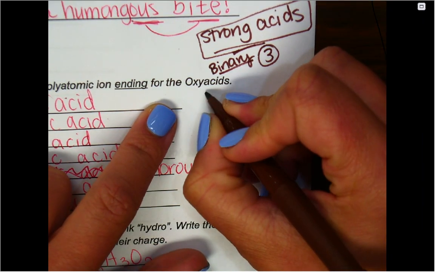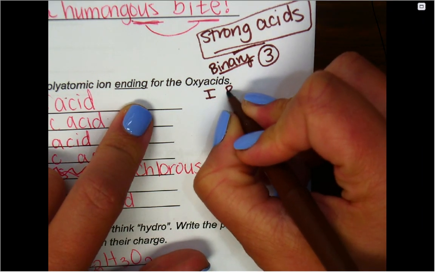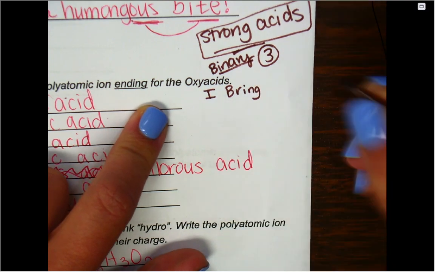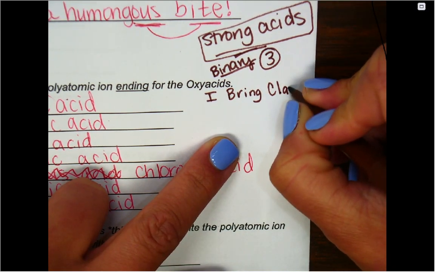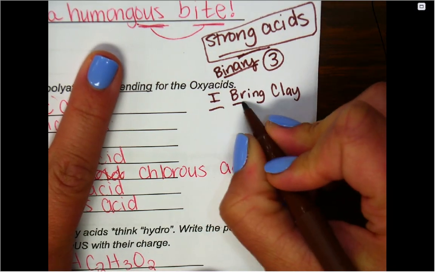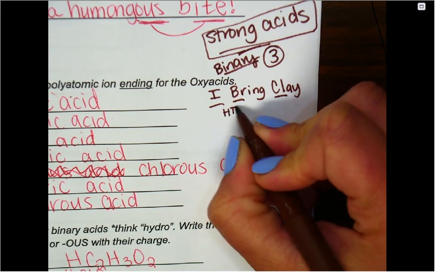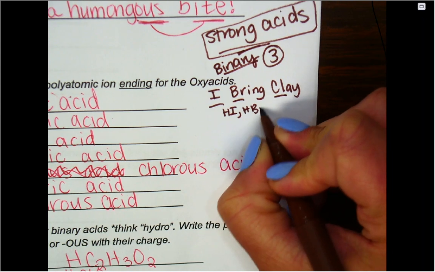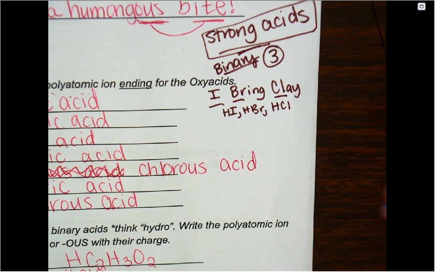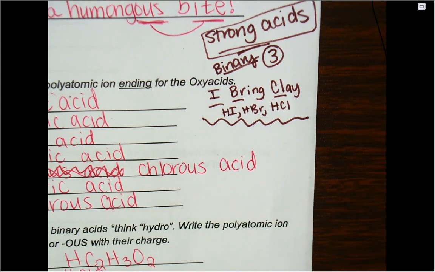It comes from this little sentence. I bring, make sure that's a capital B, Cl, capital C. I, Br, and Cl. So that means hydroiodic, hydrobromic, and hydrochloric acid. Those are your 3 strong binary acids.